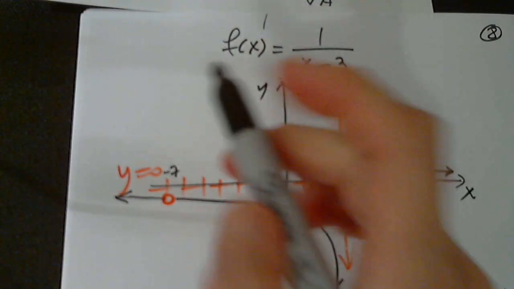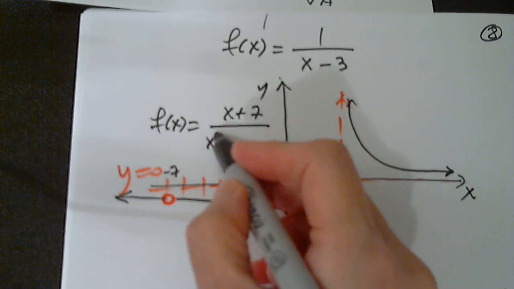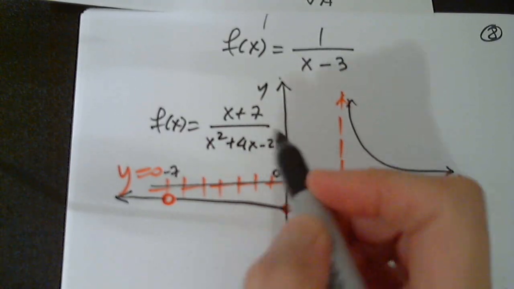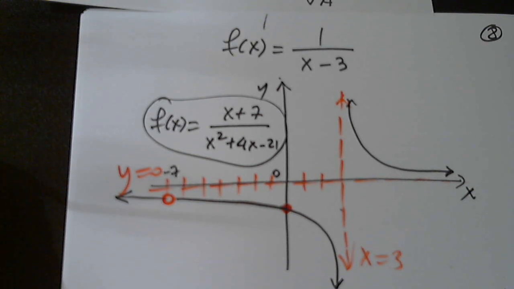Which function did we graph? We graph f of x equals x plus 7 over x squared plus 4x minus 21. Yes, I will check if you want to check with your calculator. We can.